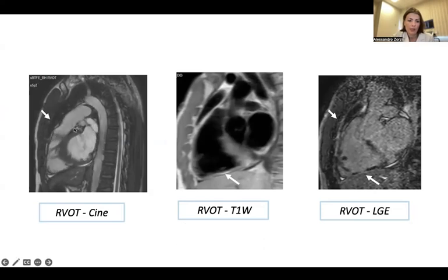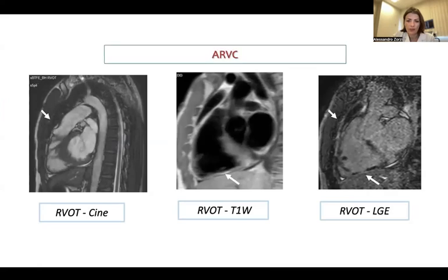So cine images are really important because you can see all the bulging or akinesia or regional RV wall abnormalities, and you can see in a T1 weighted, so when we look at the fat, if there is any fat tissue within the myocardium, which should not be there, of course, and also LGE, so gadolinium, so fibrosis of the wall.